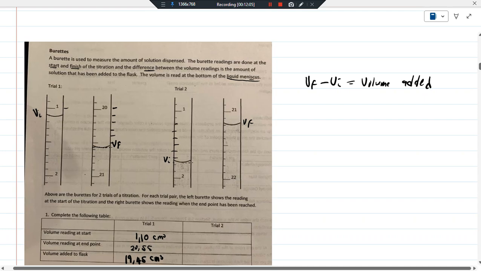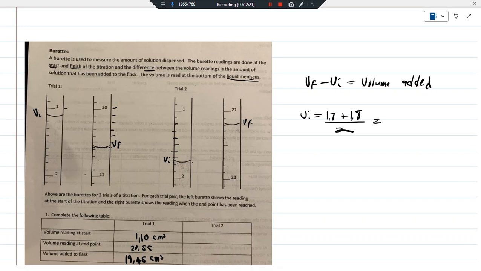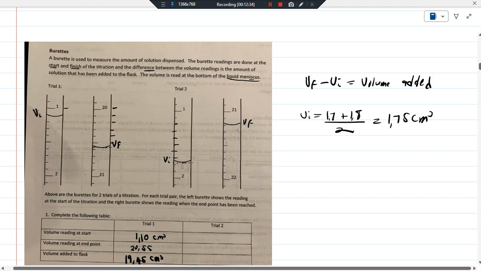So the meniscus for V initial falls between 1.7 and 1.8, so we estimate it: 1.7 plus 1.8 is 3.5, divided by 2, gives 1.75 cubic centimeters. So 1.75 cubic centimeters there.